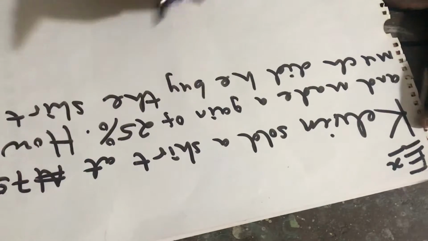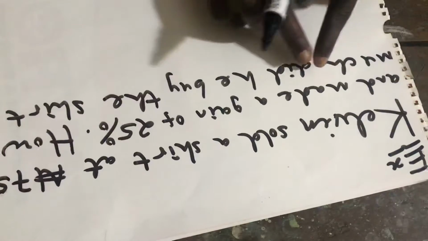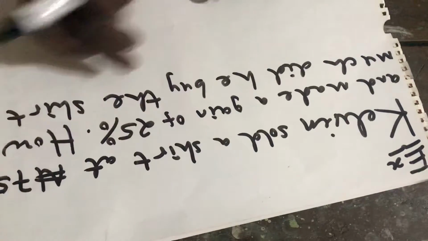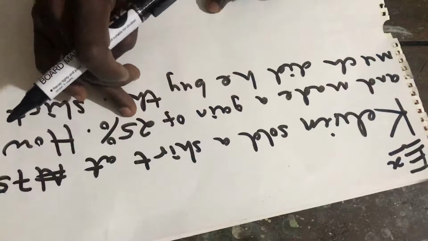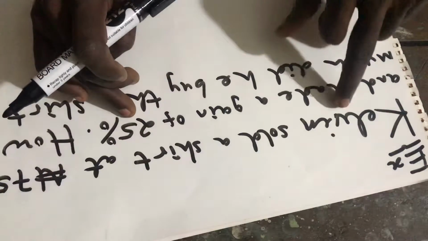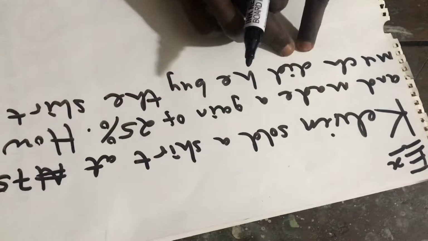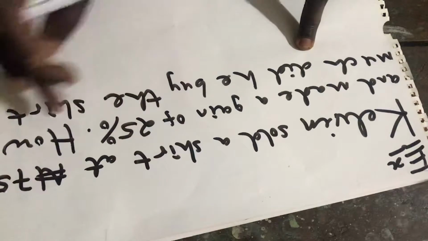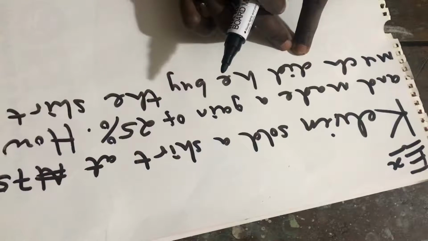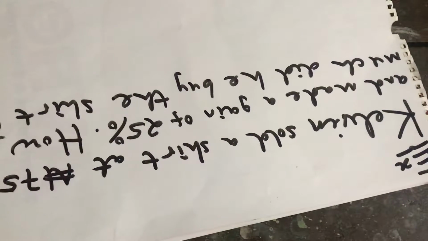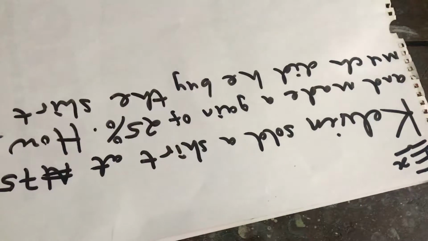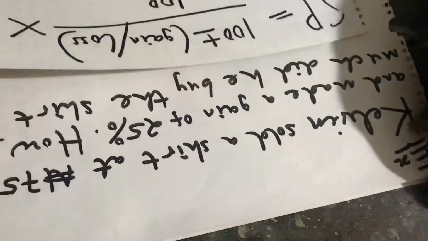How much did he buy the shirt? So we know the selling price of the shirt and the percentage profit Kelvin made. Now we have to find out how much he bought the shirt, which is the same as the cost price of the shirt.